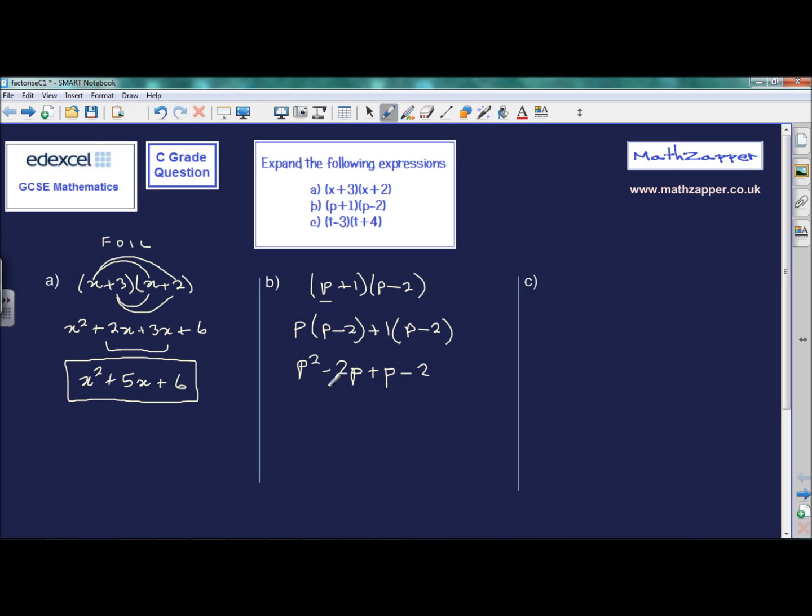And again, we just need to tidy up this part, but we have p squared, minus 2p plus p is minus p, and then finally, don't forget the minus 2 at the end. And that's the second one. I'll repeat this method for the third example, which is t minus 3 all multiplied by t plus 4.